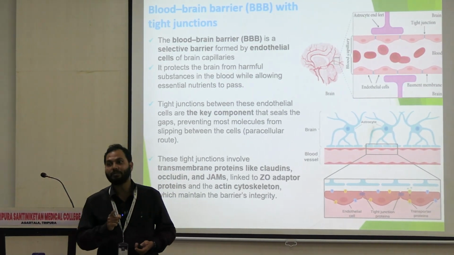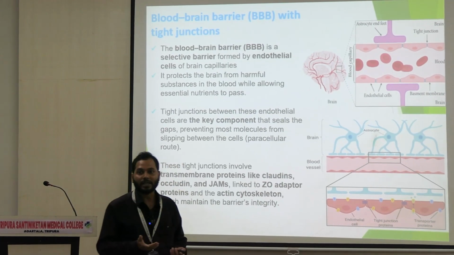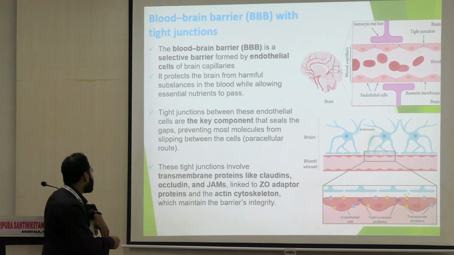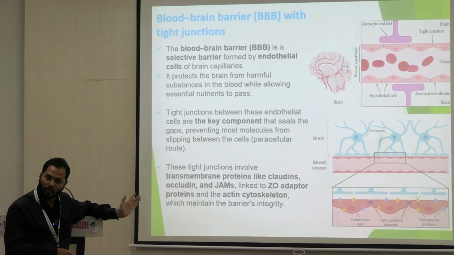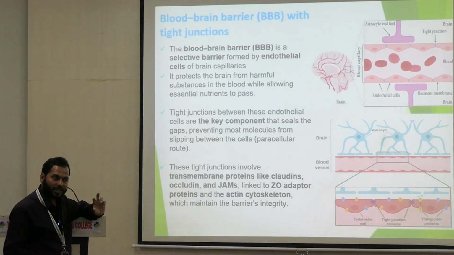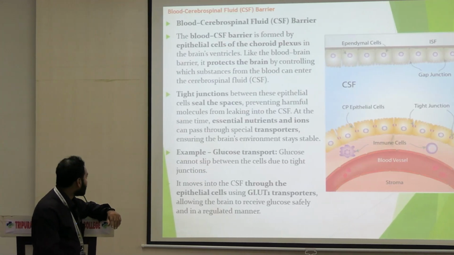Here tight junctions prevent the entry of unwanted materials by facilitating the transcellular pathway. The same thing that I mentioned in the glucose transport. So you can see the role of tight junctions in blood barrier formation.